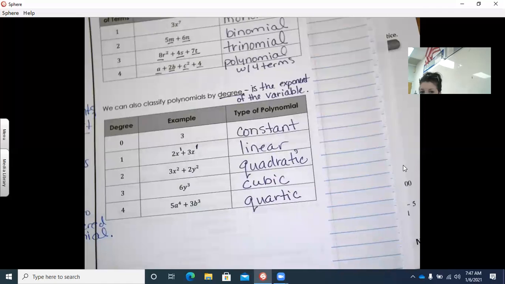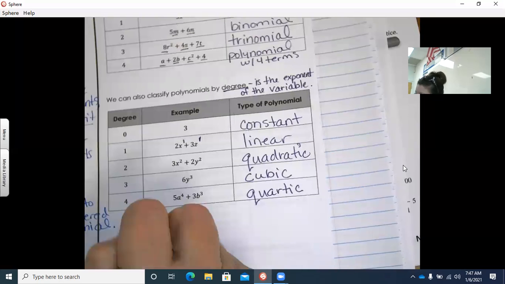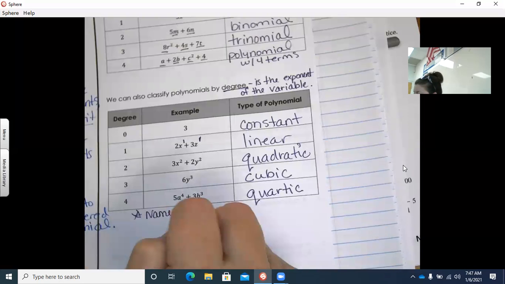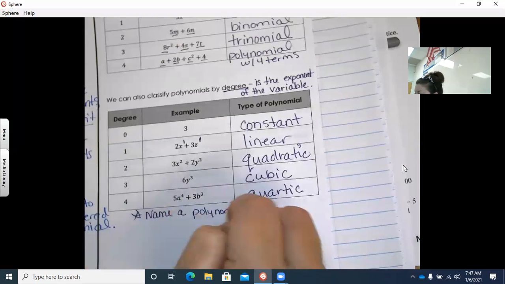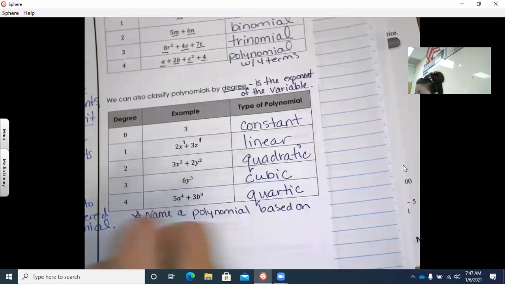So let's also make a note. Name a polynomial based on the highest degree.